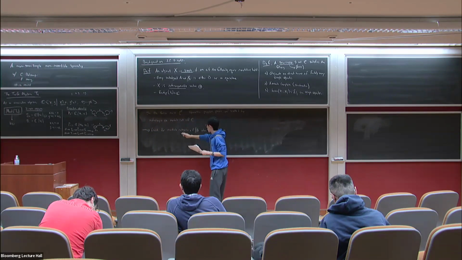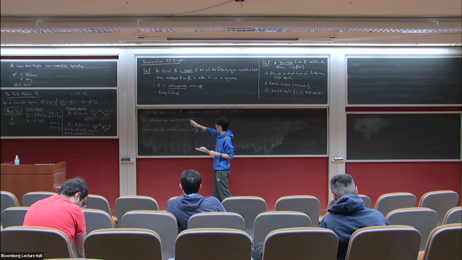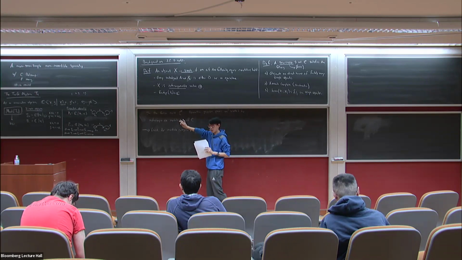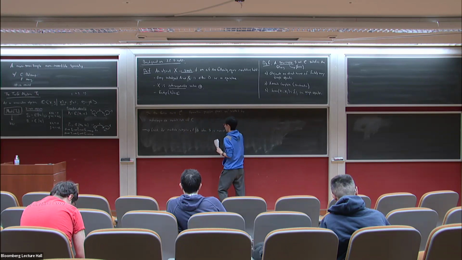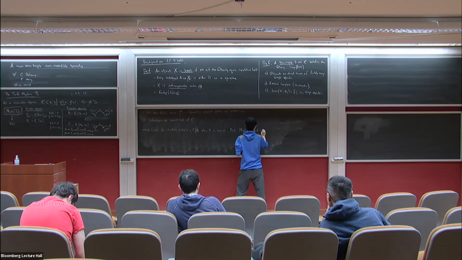But now the module categories here no longer have to be semisimple. Usually you consider semisimple module categories, but here I look for module categories of B, which is not semisimple, so mod B need not be semisimple. Right?